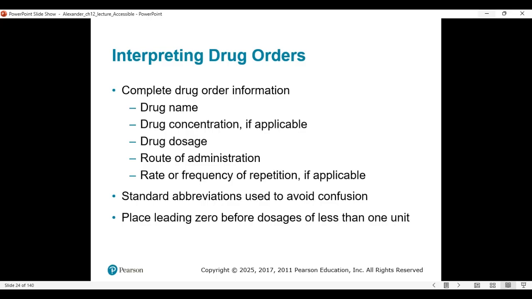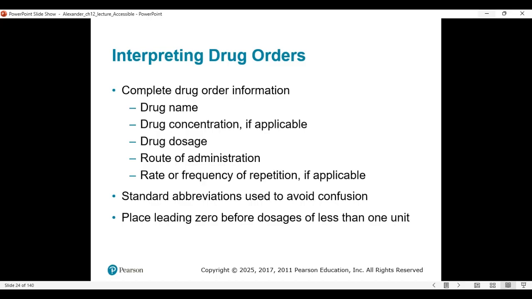They will give you the dose. It'll say like 2 milligrams, and then it'll say the route, IV. And a lot of times it'll say Q, which means every 2 hours, right? And your protocols will do the same thing, your standing orders.